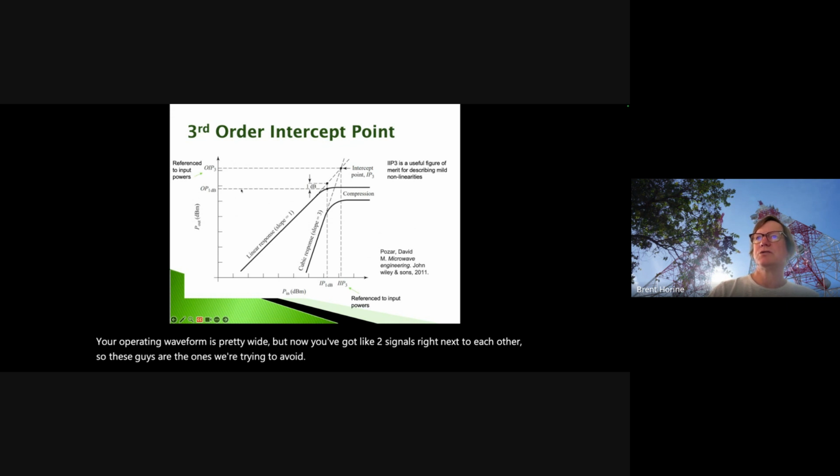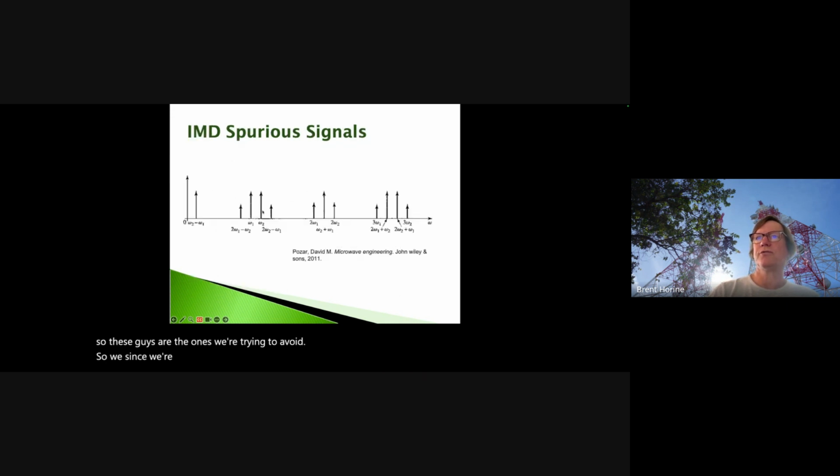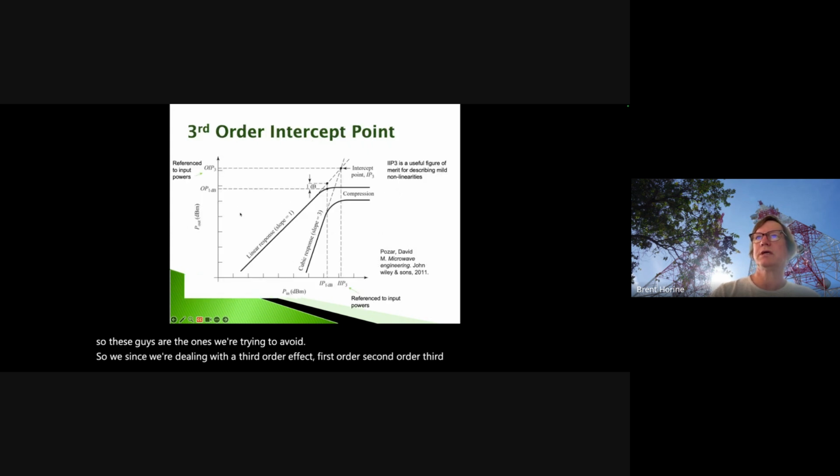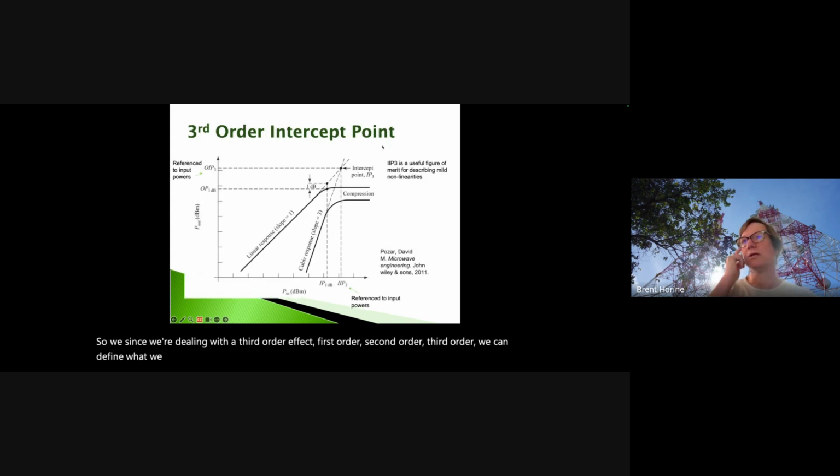So since we're dealing with a third order effect, first order, second order, third order, we can define what we call a third order intercept point. And what we'll see here is that we've got this linear response of our main signal producing our outputs, but then we also have this cubic response, or a slope of 3, right?